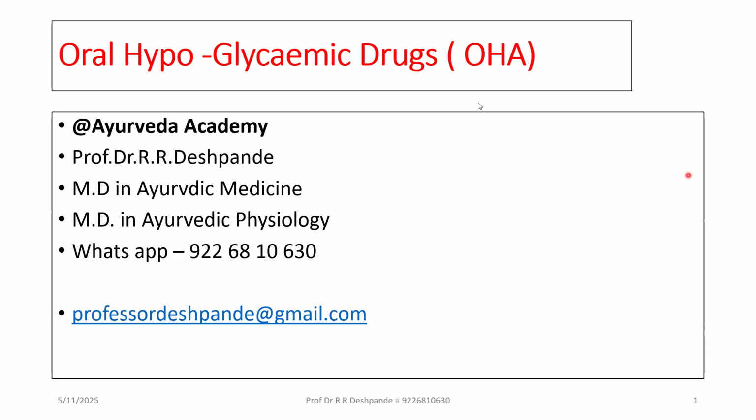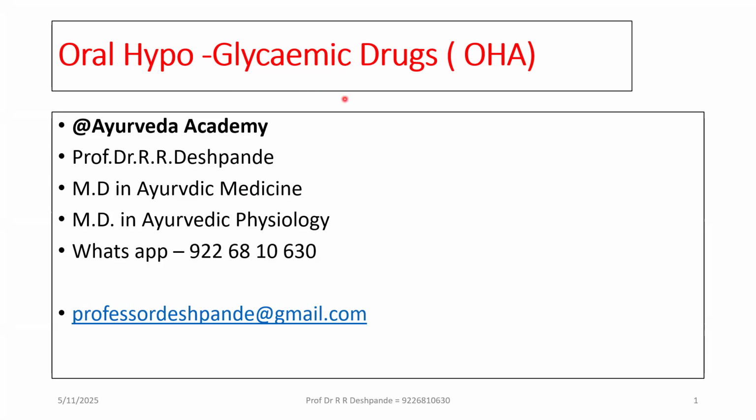Now, when we talk about the action of oral hypoglycemic drugs, they act at two levels. Some medicines stimulate the beta cells of Langerhans, which are present in the pancreas. The pancreas has endocrine function as well as exocrine function. Are you getting my point?